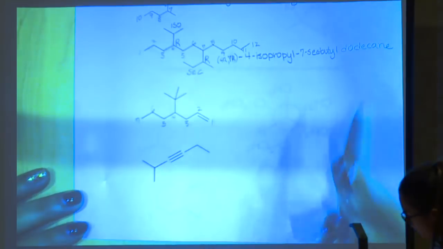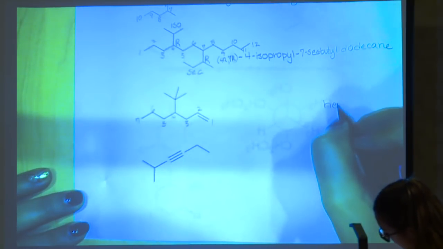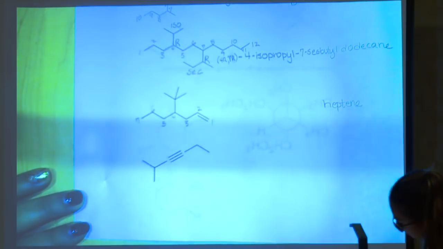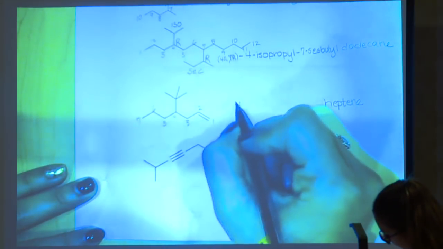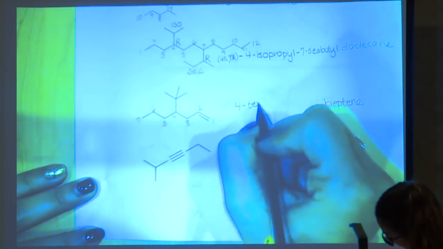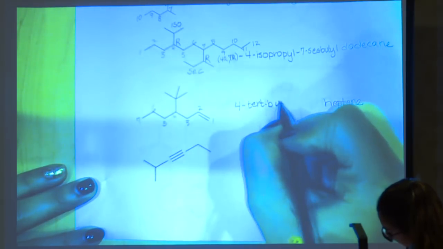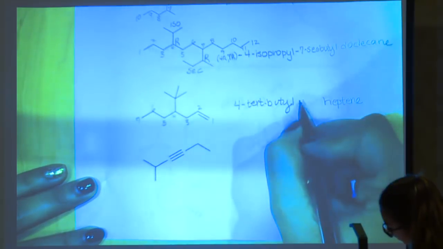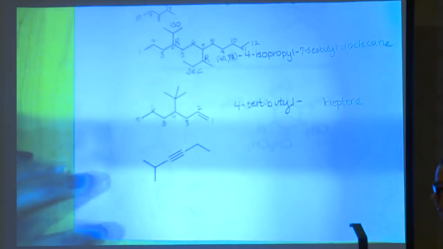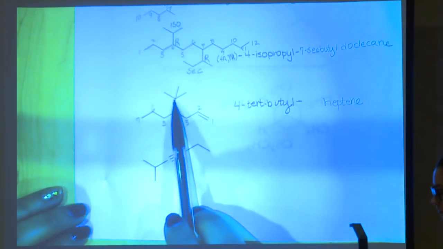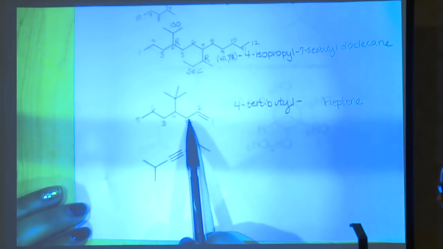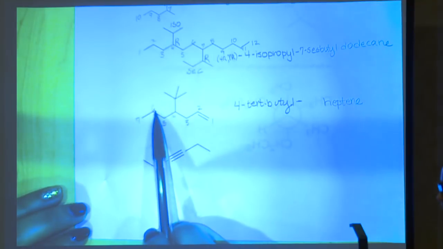So then we have our heptene, and what does it have? Good. So 4-tert-butyl, and then good.